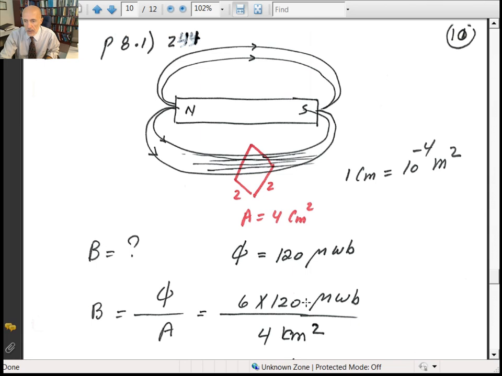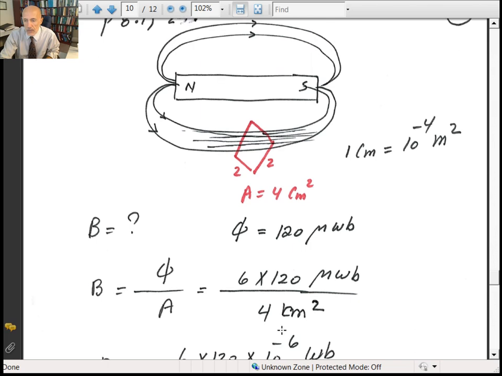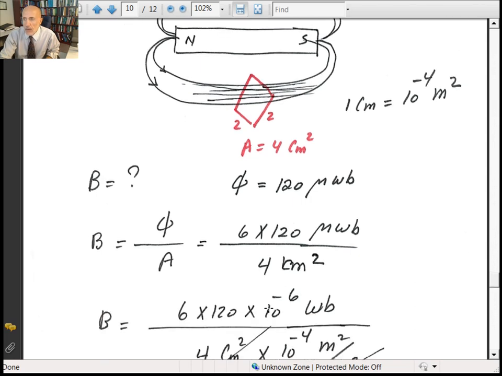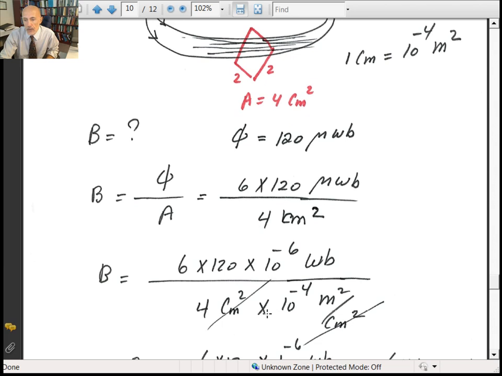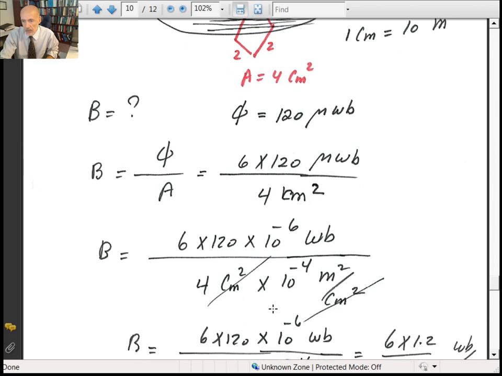So 6 times 120 microweber, since each line of force represents 120 microweber, gives you the total flux going inside that 4 square centimeter, divided by 4 square centimeter. Since they talk about Weber, you need to convert the cross-sectional area into square meters. Each square centimeter is equal to 10 to the minus 4 square meter.